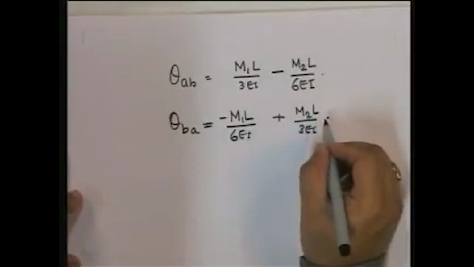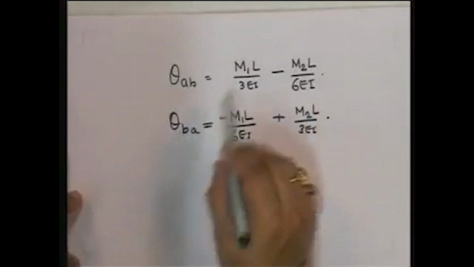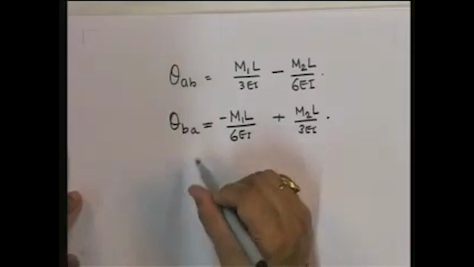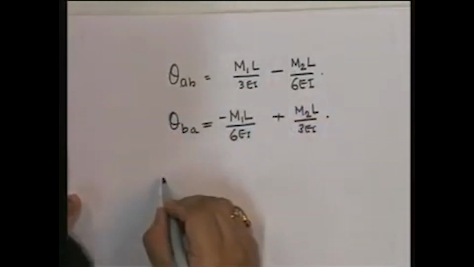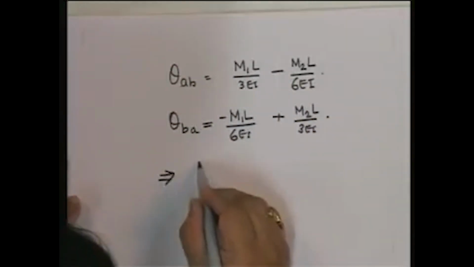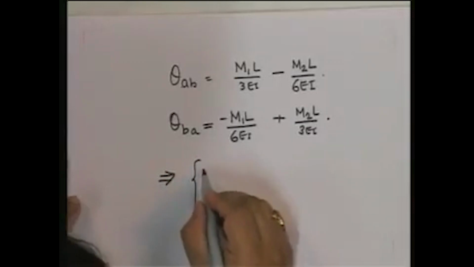So now these are the rotations due to these moments. Now that means these rotations are related to the moments through these two equations. Okay, so I can rewrite this. Please look at this. I can rewrite this in this fashion.